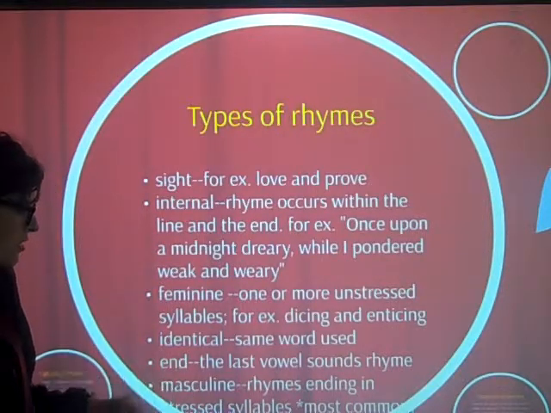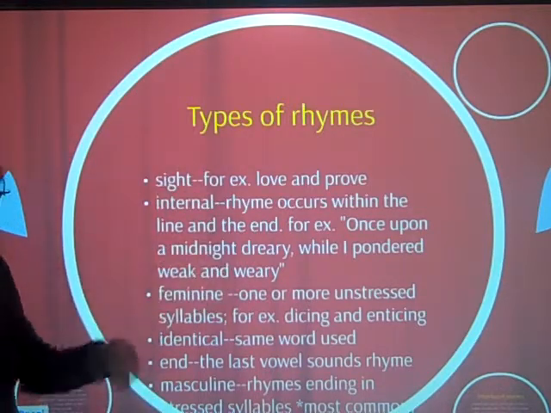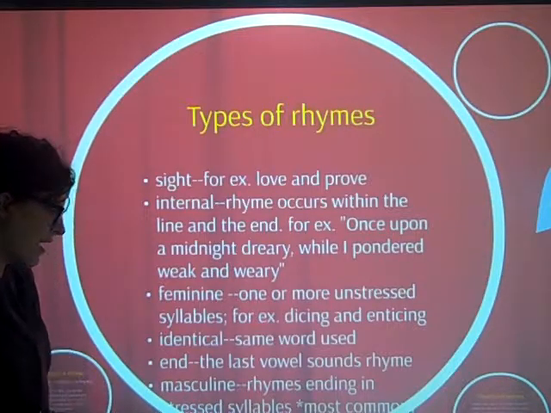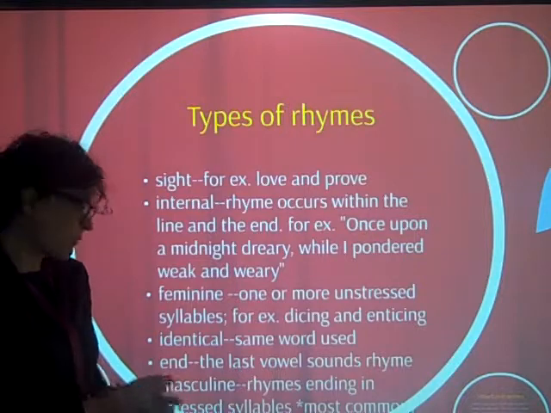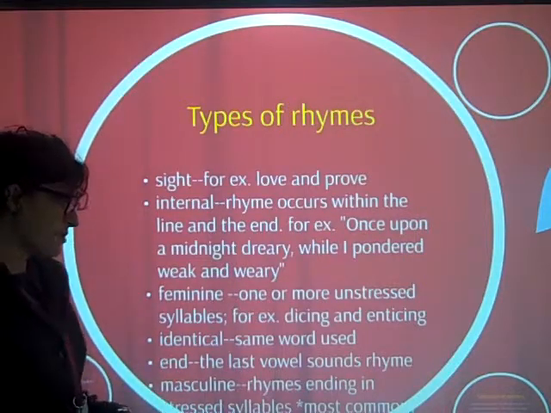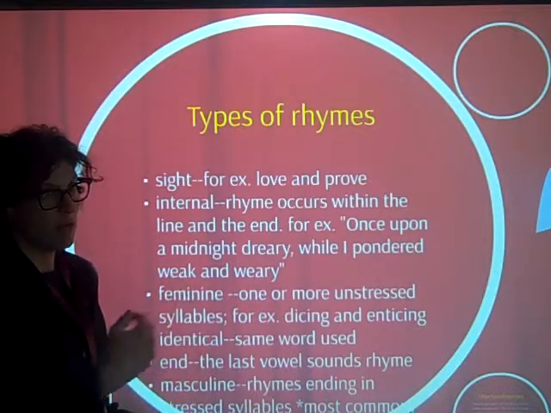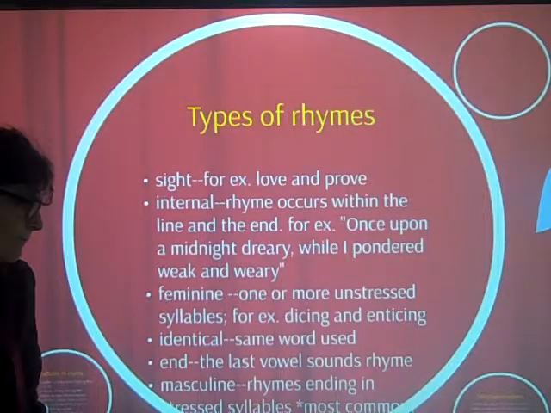End rhymes are the most common way of thinking about it, where we look for the last vowel sound in each line of poetry. And masculine rhymes are very common, when you have just the last syllable. These two work together. They're not mutually exclusive. So think about if the poem ends with well and bell. That would be an example of both end and masculine rhyme.